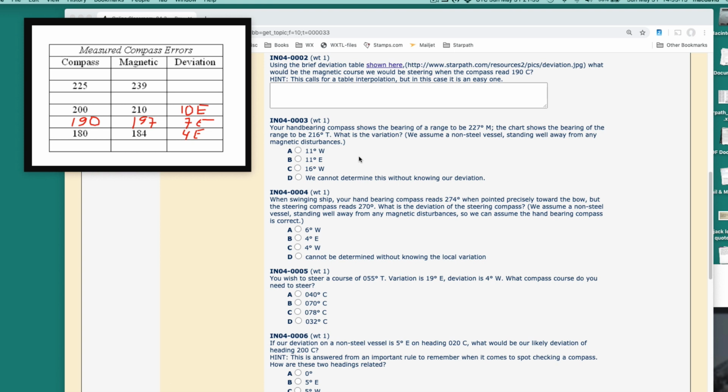Now, it's not always true. Even on a fiberglass boat, you could have some weird configuration or some particular place that's not working properly. I've seen cases of fiberglass power boats where you go out the pilot house on one side, you take a very nice bearing, it works fine.